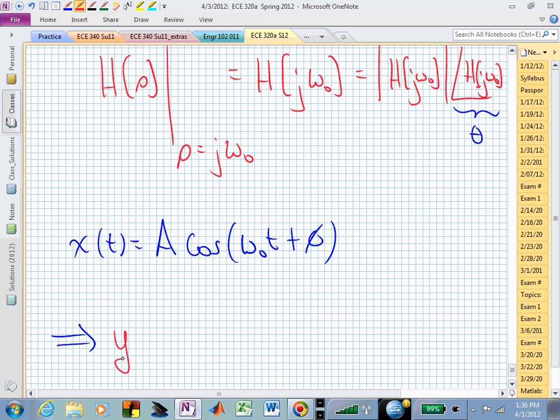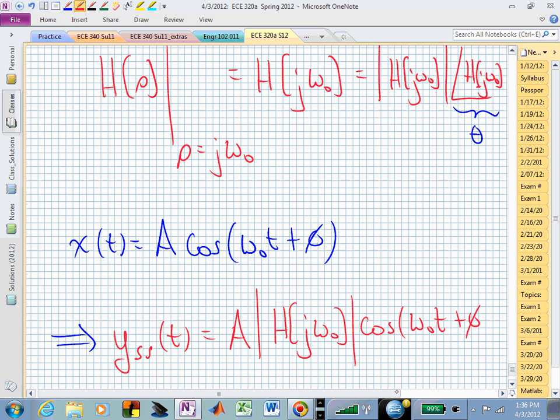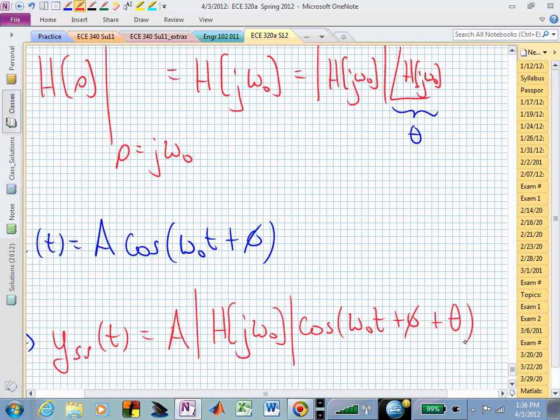then the output in the sinusoidal steady state is going to be A, but adjusted by the magnitude of h at omega naught, times cosine of omega naught t plus phi plus this theta. So that's what we want to show, but that's shown in section 7. So if you can now find your transfer function of this system or filter h of s, and you shake it at a given frequency, if omega naught was 2, you would evaluate that at h of j2.